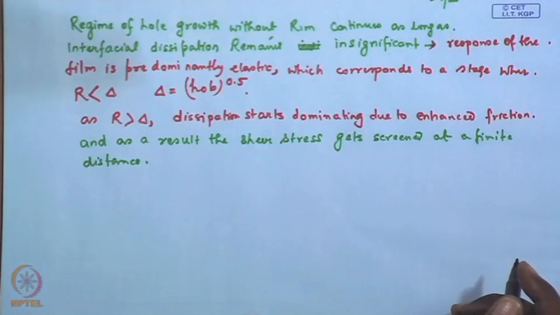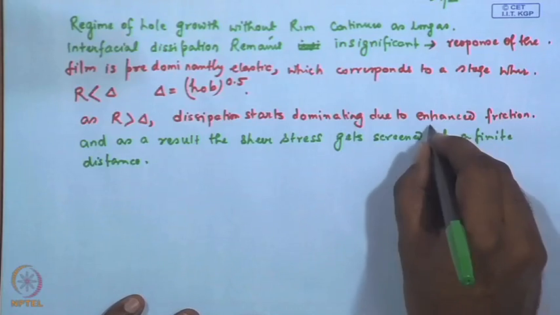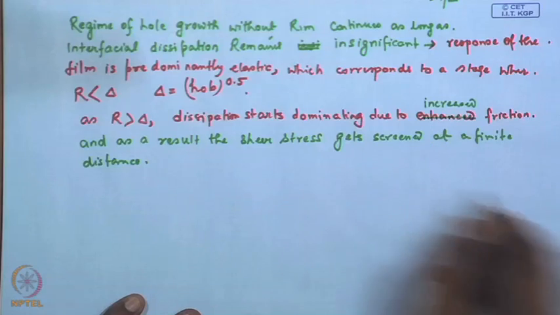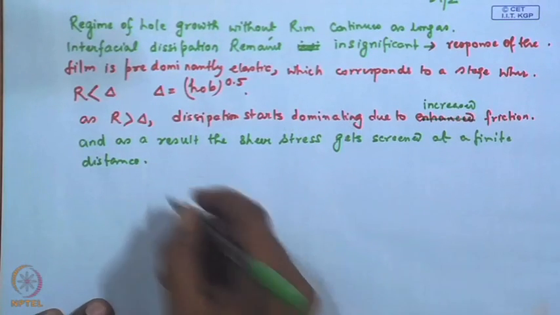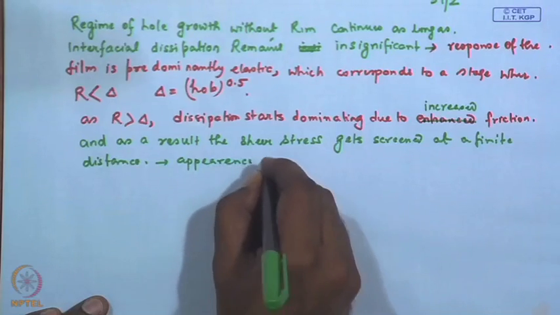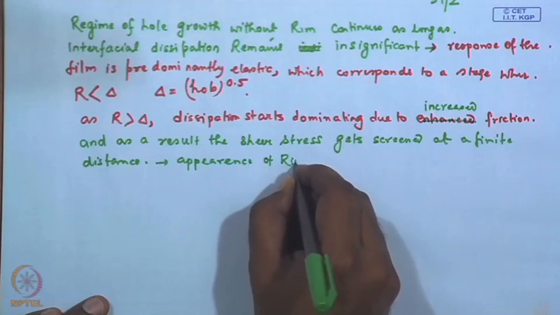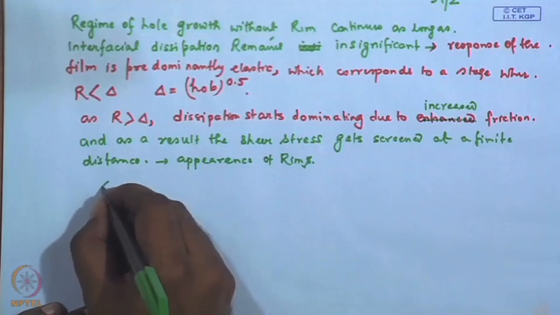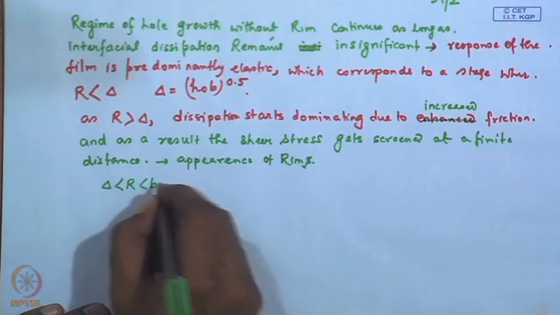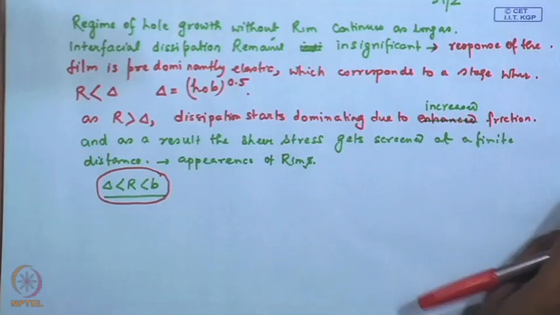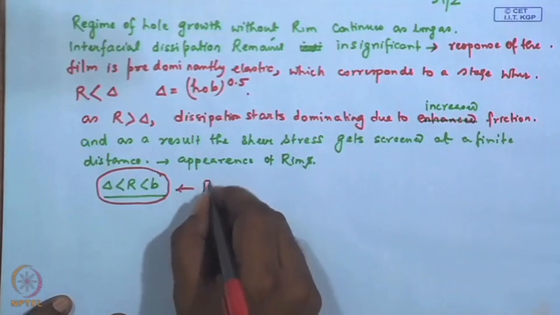So, which resulted in holes without rims, and now due to enhanced dissipation, due to increased friction, the shear stress gets screened at a finite distance, which results in the appearance of rims, I am sorry. So, this regime continues till the radius remains within this range. So, this is the regime 2.